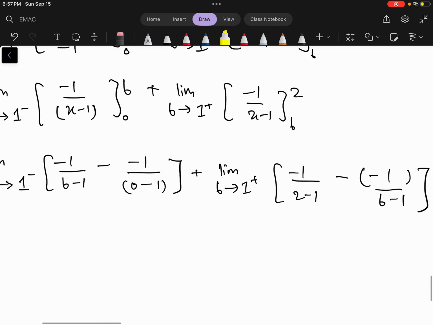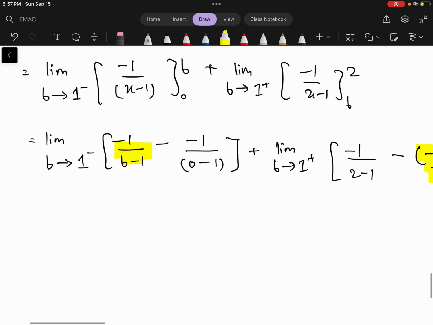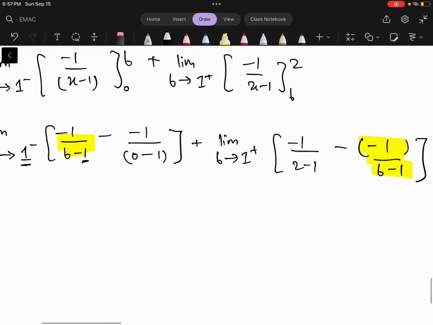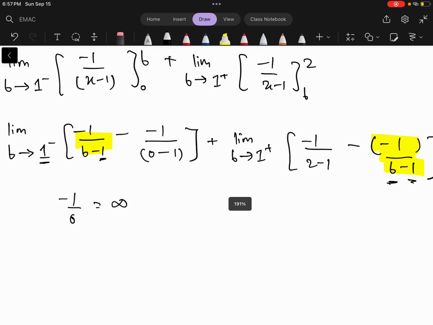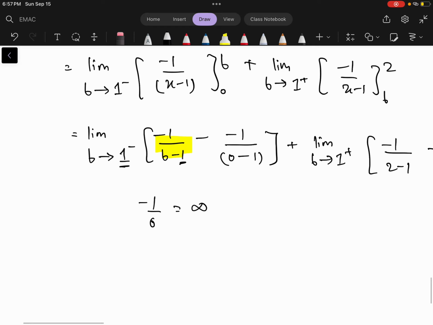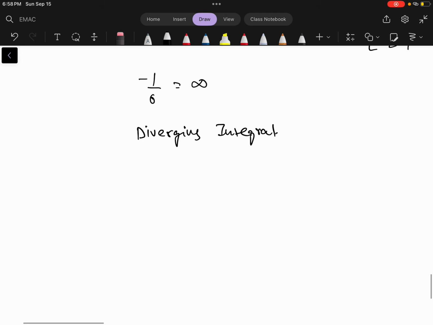Okay, so from this, we can clearly see that both of these, if b was equal to 1, would evaluate to negative 1 over 0, which is infinity. So these integrals do not converge, which means that this is a diverging integral. And obviously on the AP exam, you have to state why you think it's a diverging integral.